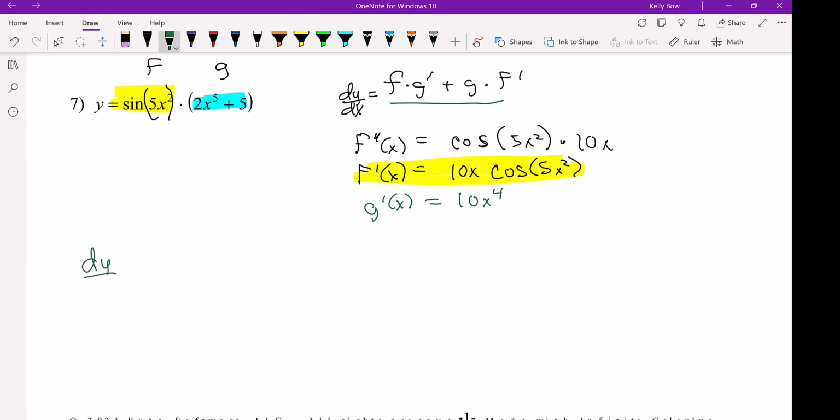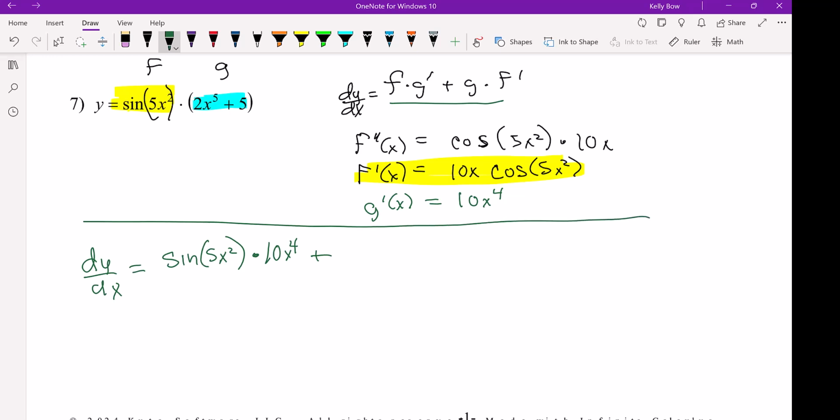So dy/dx is f times the derivative of g plus g times the derivative of f. And then if it can be simplified, do that.